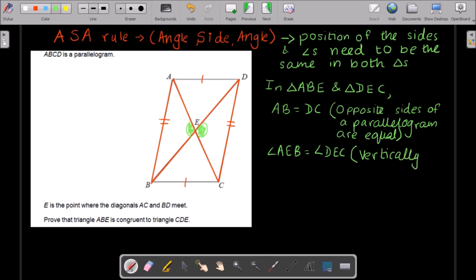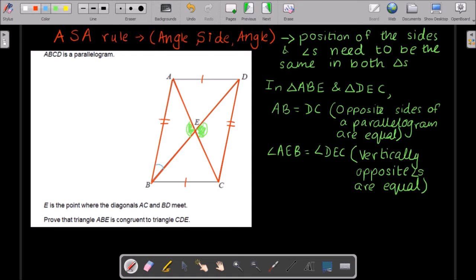The reason for that is vertically opposite angles are equal.